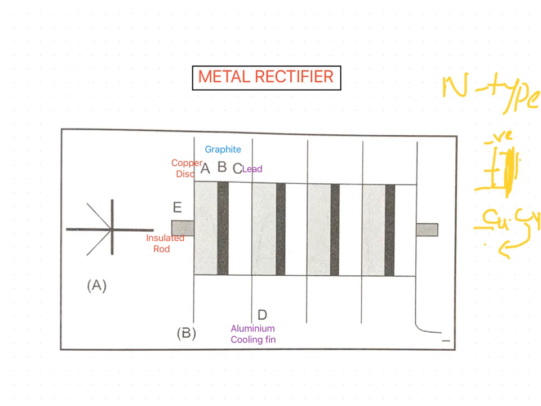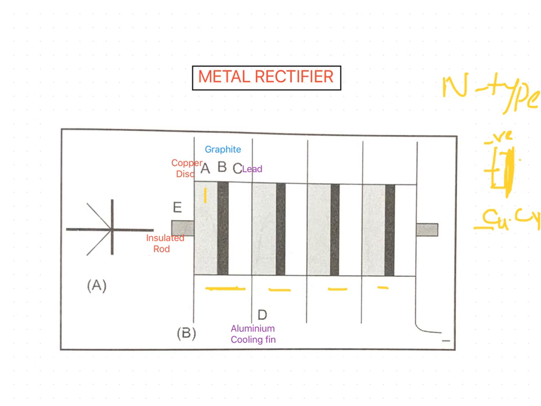Now we will see the construction of this metal rectifier. The copper rectifier consists of an appropriate number of copper discs, each one connected in one metal rectifier. If you take a single unit, this is how the internal structure is designed.